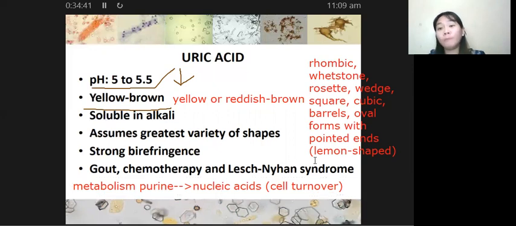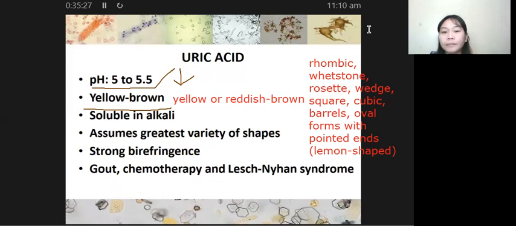So any condition which causes an increase in cell turnover will also increase your nucleic acids available for metabolism, and one of the components of your nucleic acids is your purines, and of course from your purines your uric acid will be formed.